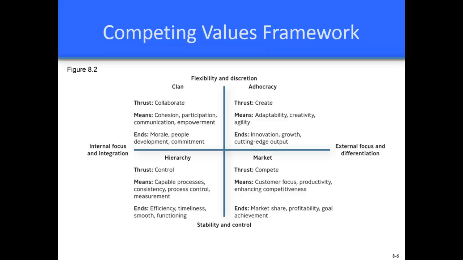Like a family organization, the clan culture encourages collaboration among employees, striving to encourage cohesion through consensus and job satisfaction, as well as to increase commitment through employee involvement. Clan organizations devote considerable resources to hiring and developing their employees.